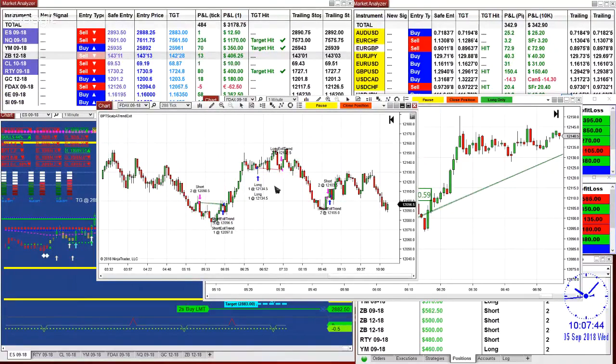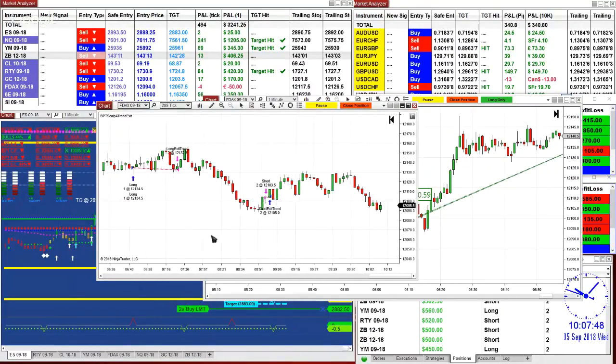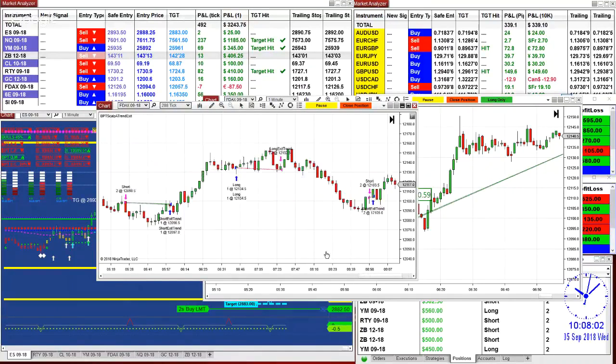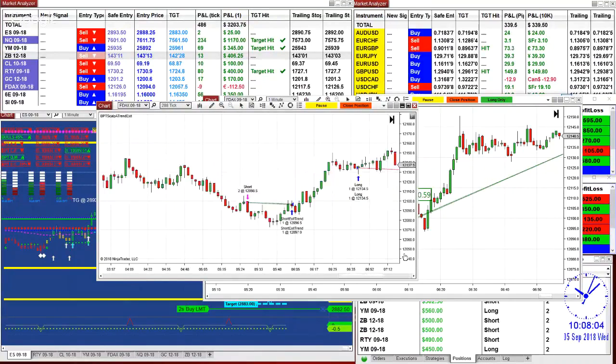This one here, barely break even. So there is nothing in it. And there is one small trade right there. It was a short at 1035, and then exit at 105. So it's not much at all.